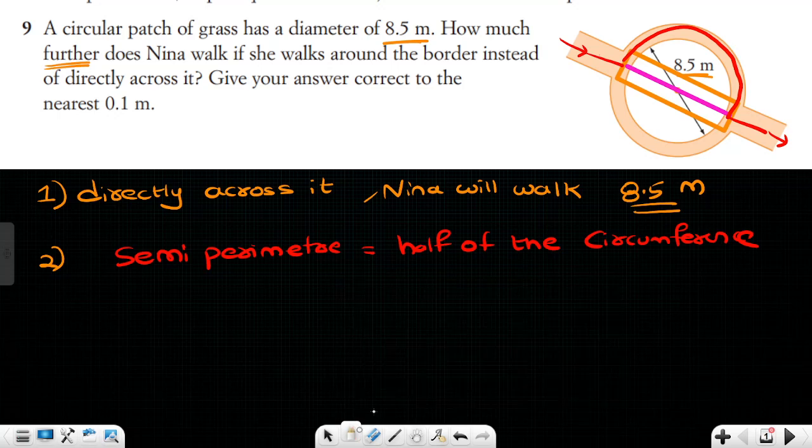How much is that? Let's calculate. The formula for half of the circumference is half into pi d. So half into pi into the diameter, which is 8.5.